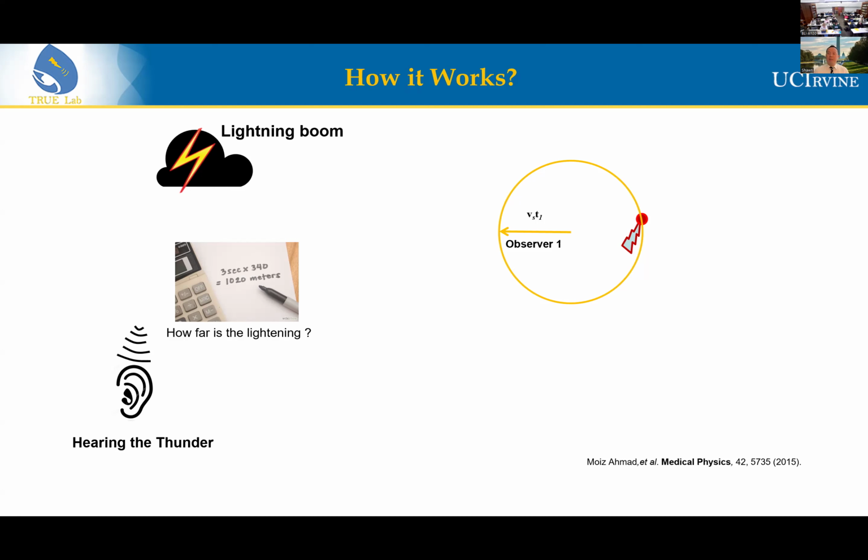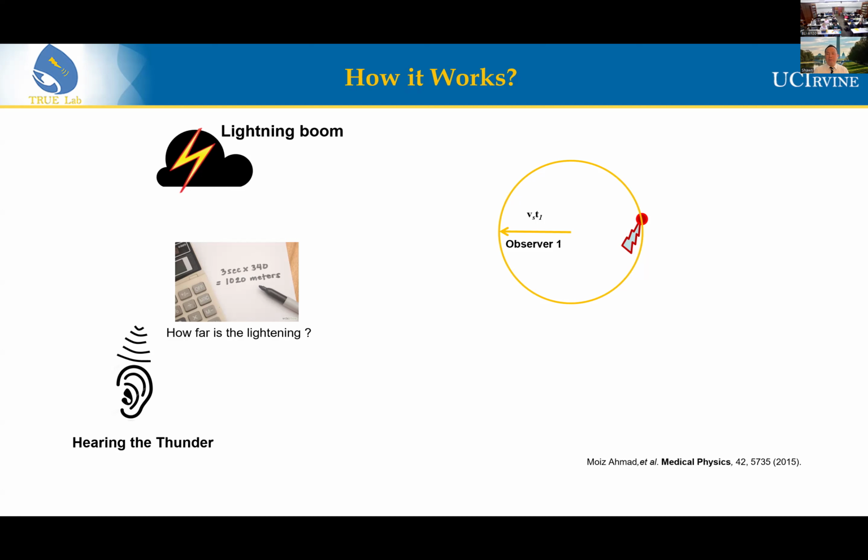You have the speed of sound in tissue, typically around 1500 meters per second. You multiply by the time delay, and you know the target is on this circle. But you don't know exactly which location on this circle. It could be anywhere.